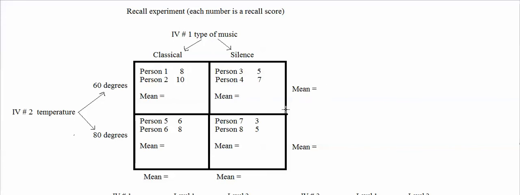That's your answer. For 80 degrees, you add these 4 recall scores and divide by 4. That's your answer. I want you to show your work for calculating the marginal means. So just show me how you're adding up the numbers and dividing by 4 on paper.